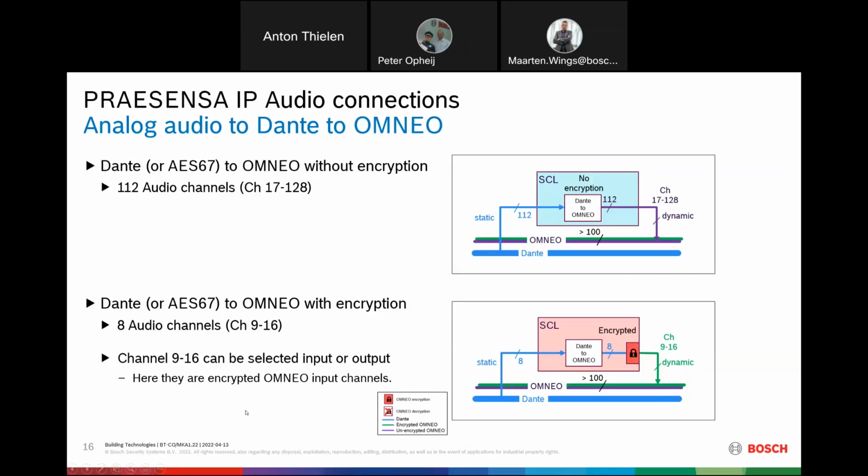So it depends on how you configure your system. If you say I have 4 encrypted input channels and I have 4 channels going out of the system controller, that's something you can indicate with the channel assignment of the inputs here.